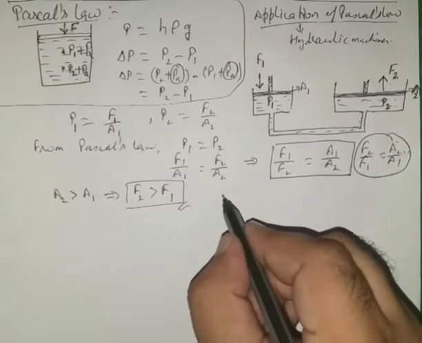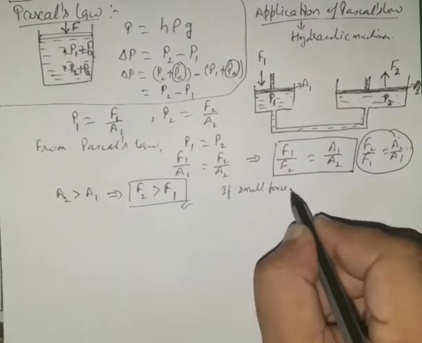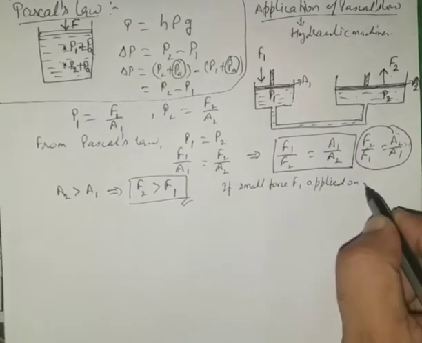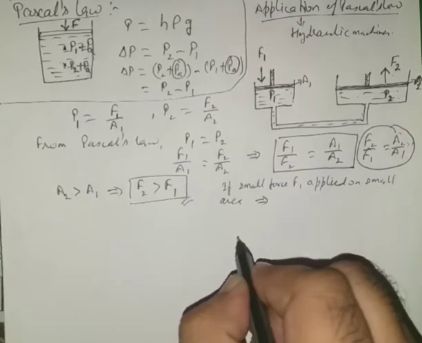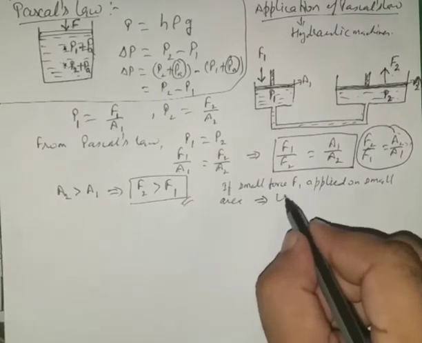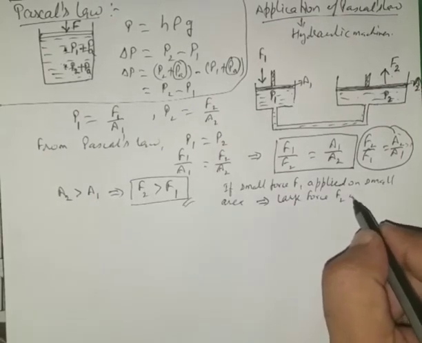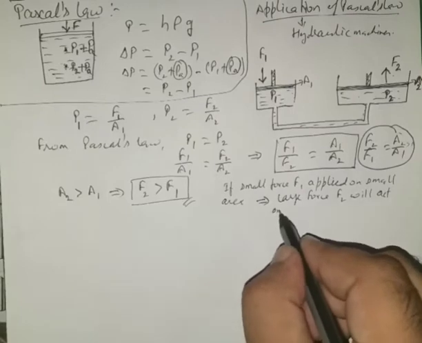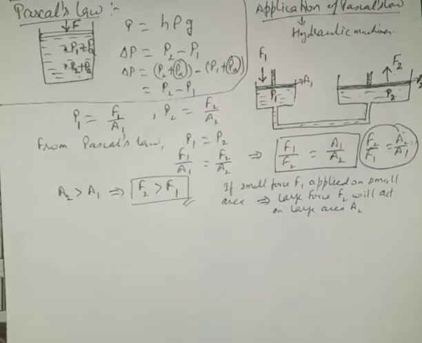In other words, we can say that if a small force F1 is applied on a small area, then a large force F2 will act on a large area A2.